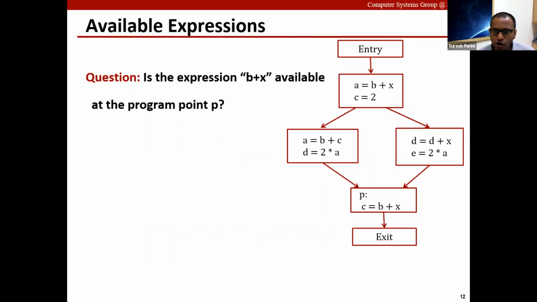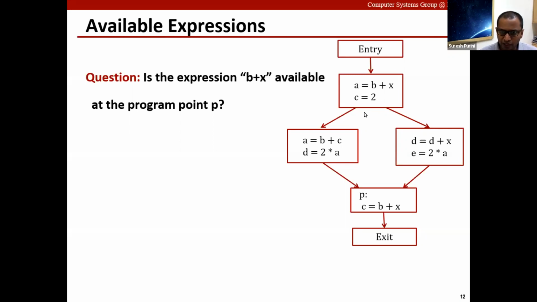The optimization is common sub-expression elimination, and the analysis module is the available expressions analysis. The question here is, at the program point P, is the expression B plus 6 available? Available means we should be able to eliminate that computation. It's a redundant computation, and we should be able to eliminate it.